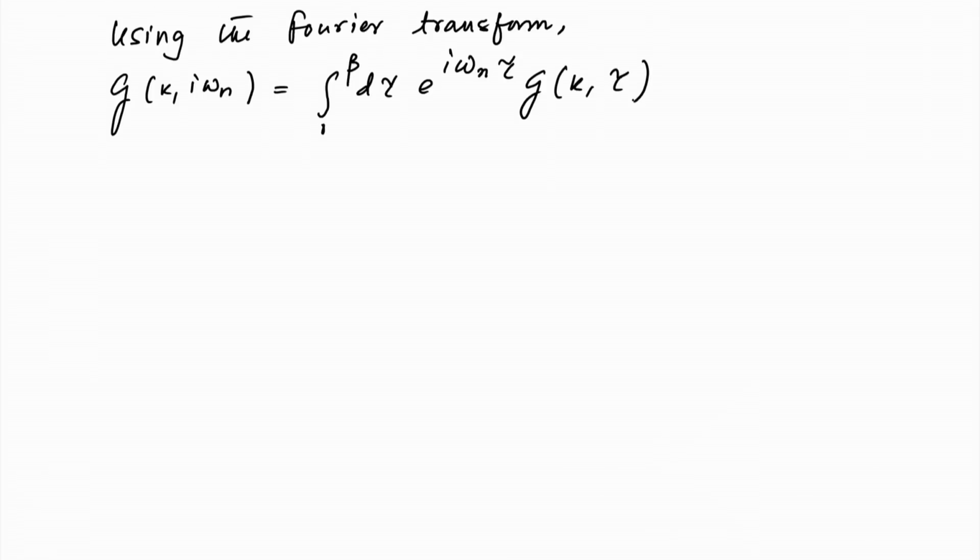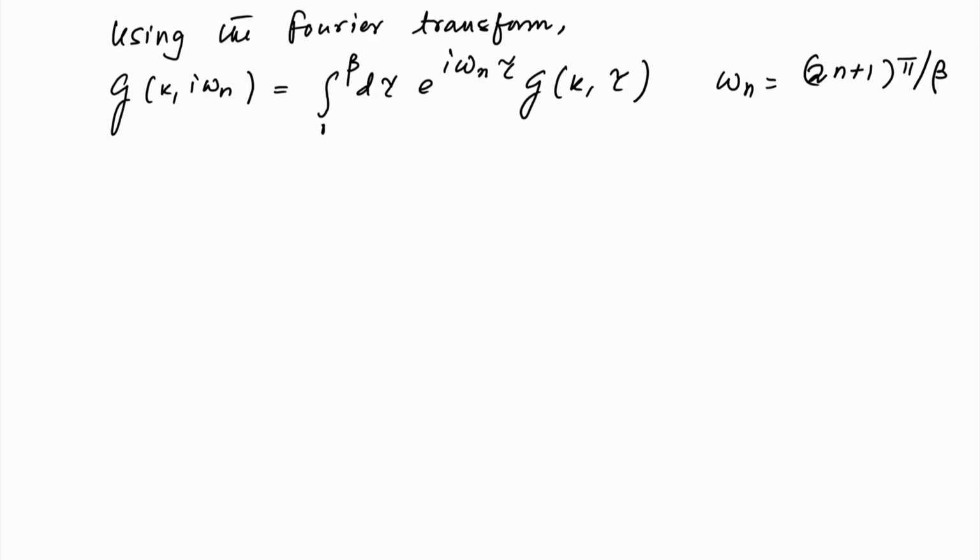So, we will use this Fourier transform, and of course, knowing fully well that omega_n is (2n plus 1) pi over beta. That is how the frequencies are quantized in odd multiples of pi over beta.